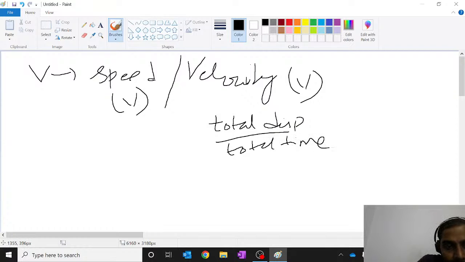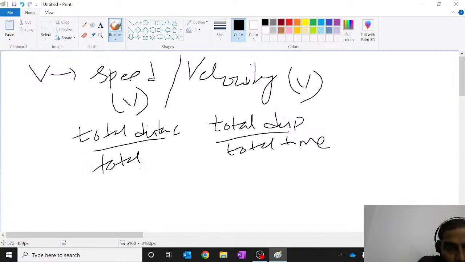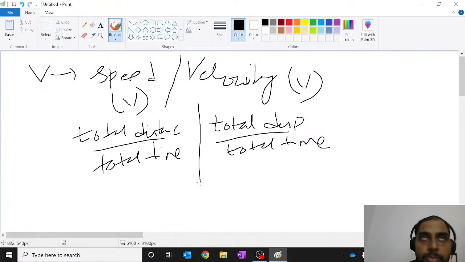Whereas if it is speed, it is total distance by total time. Simple differentiation. Total distance by total time is your speed. Total displacement by total time is your velocity.